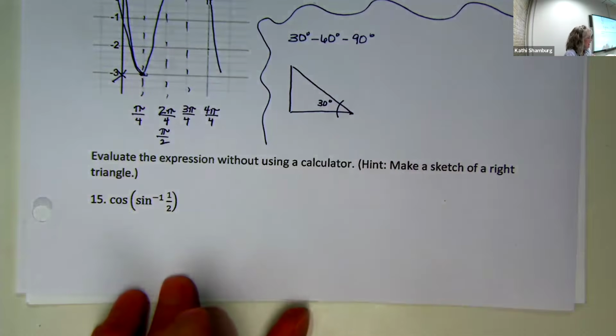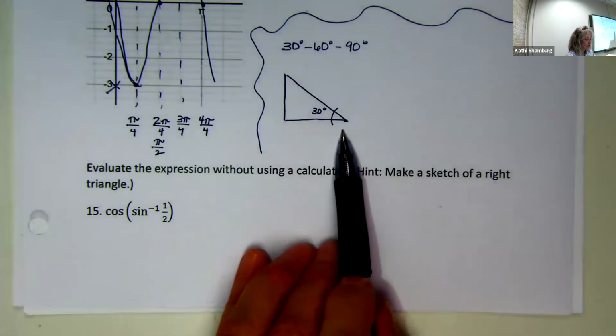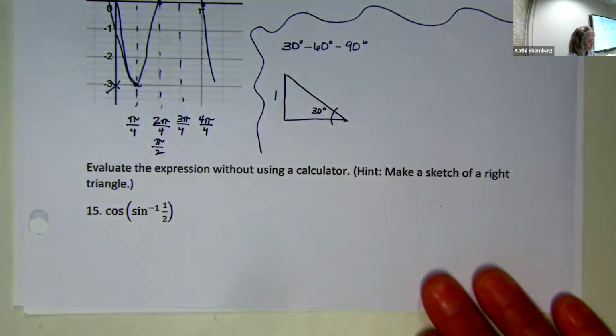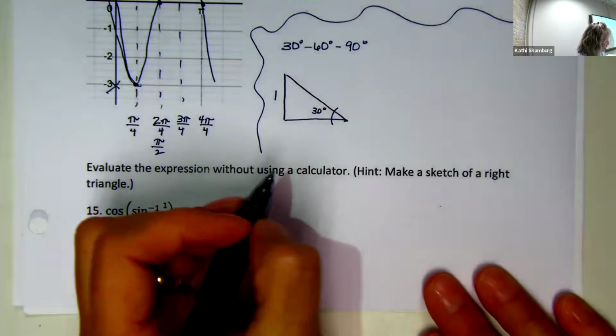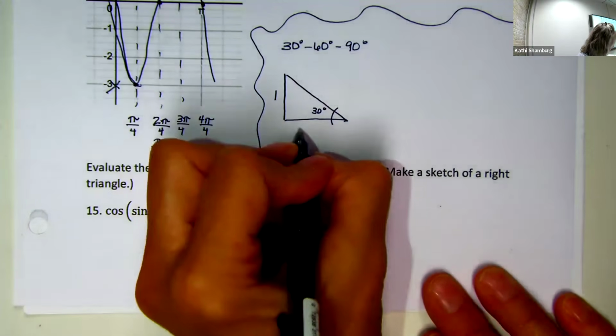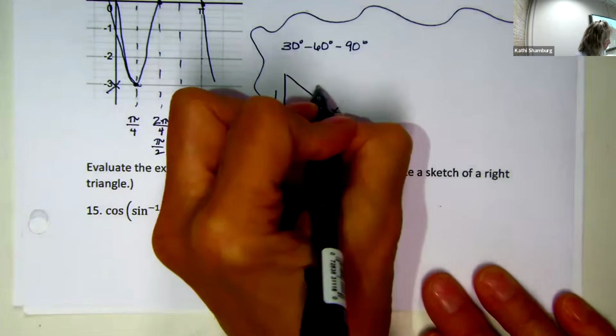Okay, all right. Who can tell me the sides? 1. Okay, where does 1 go? Opposite to the 30. Opposite to the 30 is 1. Then square root of 3. Where does it go? Is it the leg or the hypotenuse? Leg. Okay. It's 2 on the hypotenuse.